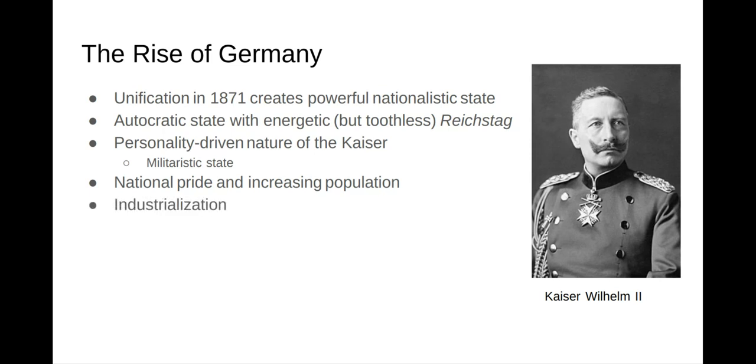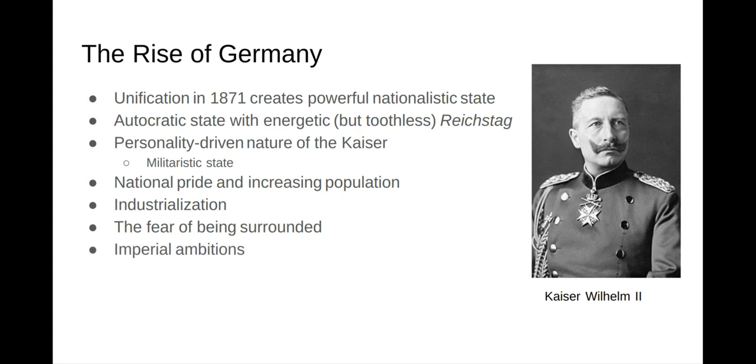There's a great deal of national pride at the recent unification of Germany. This should be understood. And you also had increasing population, whereas France had a declining population. Germany had industrialized incredibly quickly, had become very powerful, had that result in a great deal of weaponry, and a great deal of economic power that it had not had before.